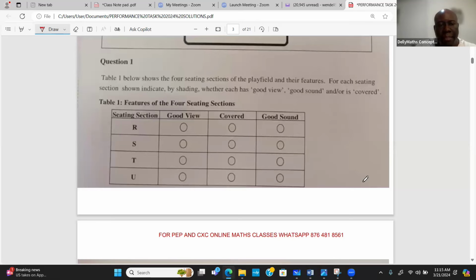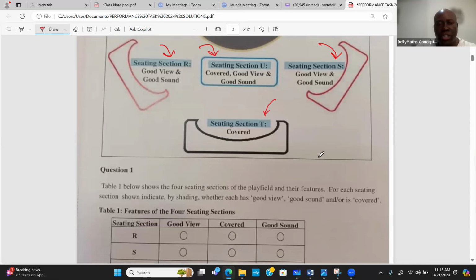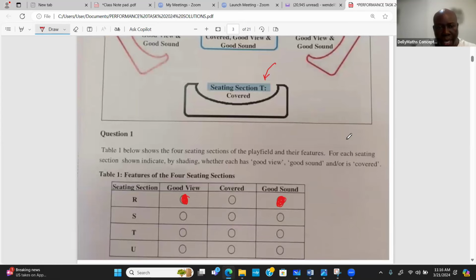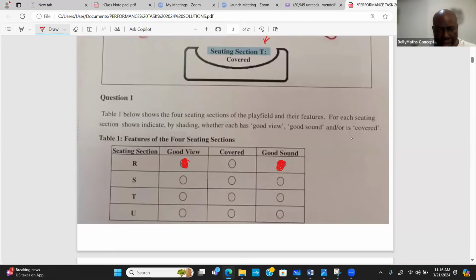So seating R, we have good view, we also have good sound. We're not covered at R. S, we have good view, good sound. So S is like R at the side, good view, good sound.